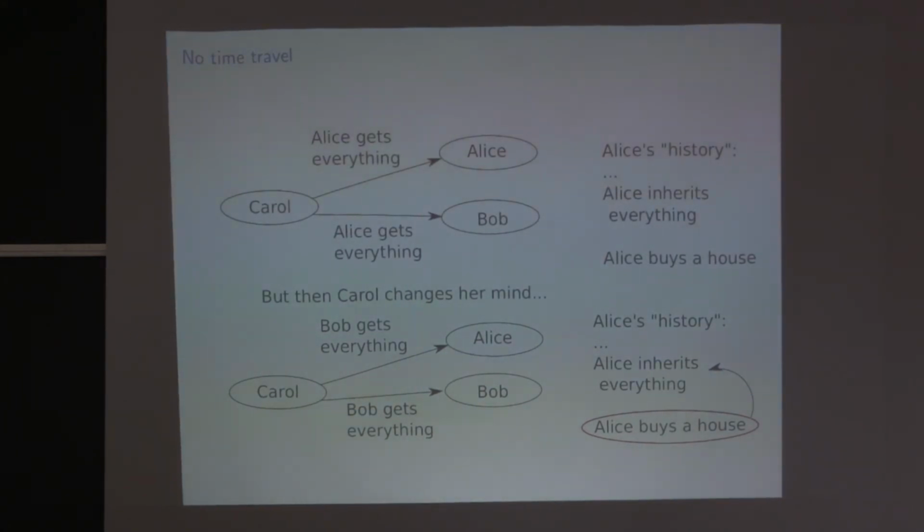And then it's very confusing, because Alice bought a house conditioned on getting the inheritance. Now it's not just the problem of Alice, it's also the problem of the real estate company she bought the house from. Errors will propagate and so on. We want to prohibit this from happening. Despite the fact that Carol distributes the inheritance, she should not be able to change her mind and go back.